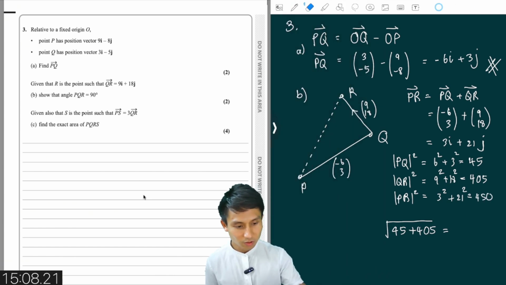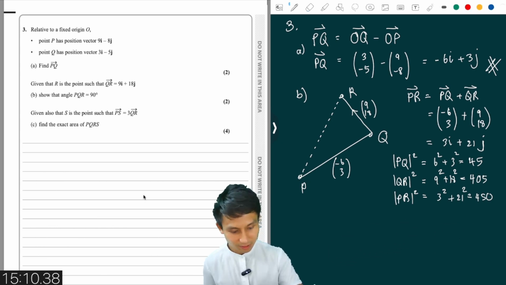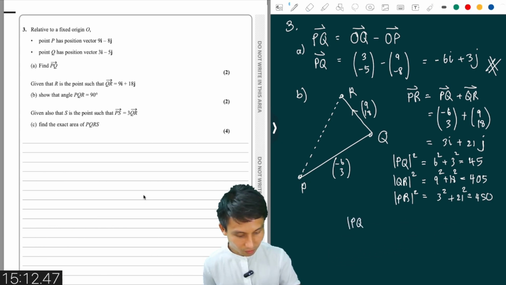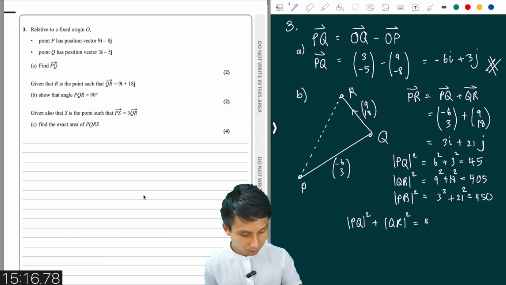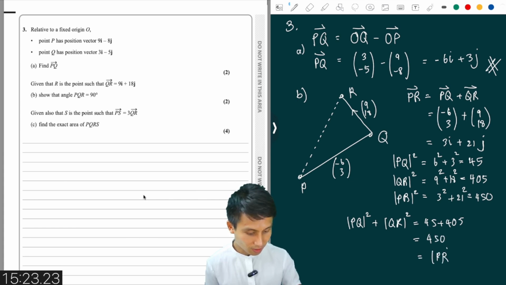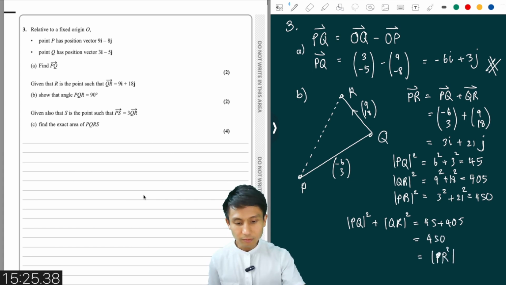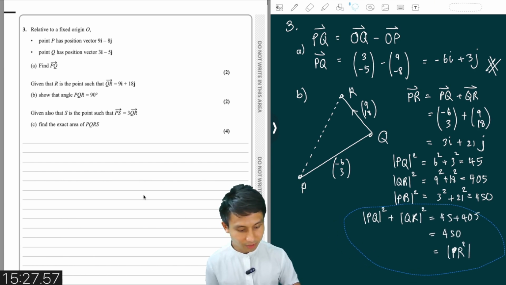Okay, so we can prove here that PQ squared plus QR squared equals 45 plus 405 equals 450, and then it's equal to PR squared, right? So that's Pythagoras there.